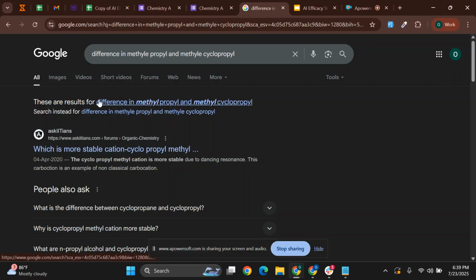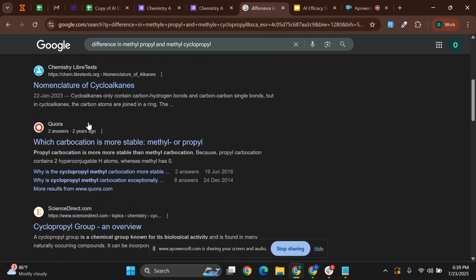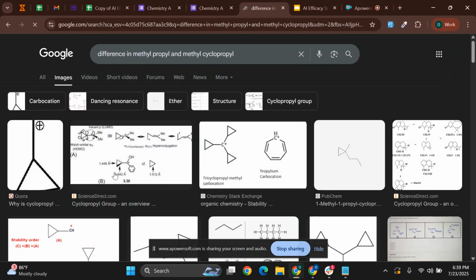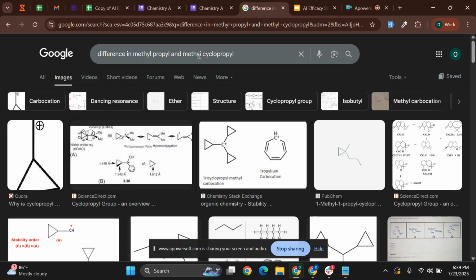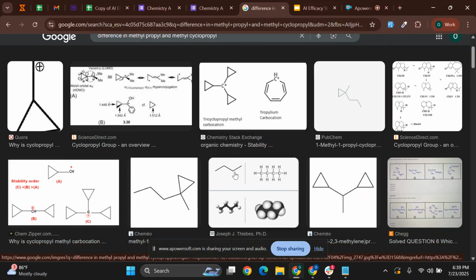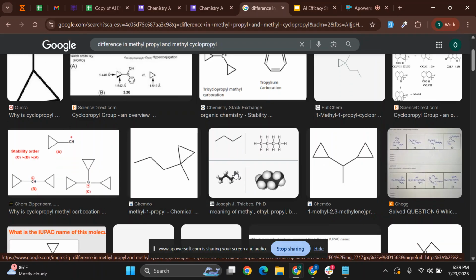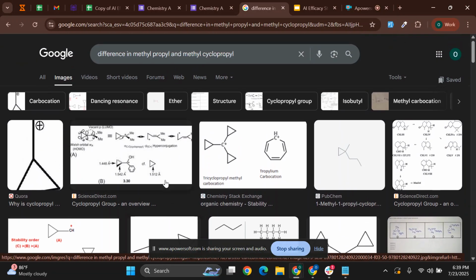Let's search. So let's check this. So this is methyl and propyl and cyclopropyl.